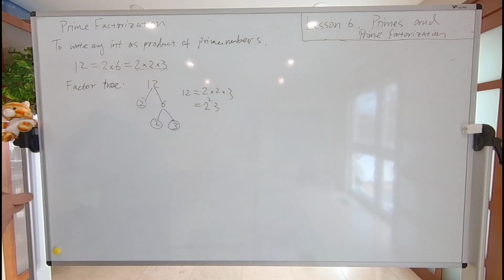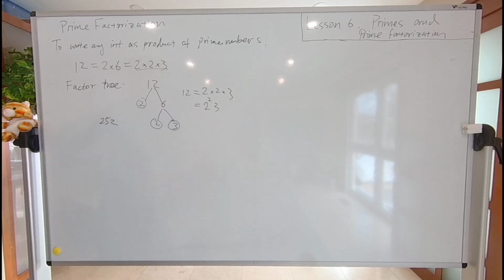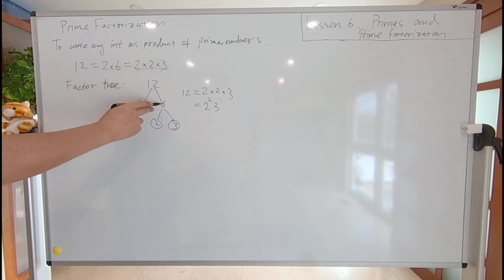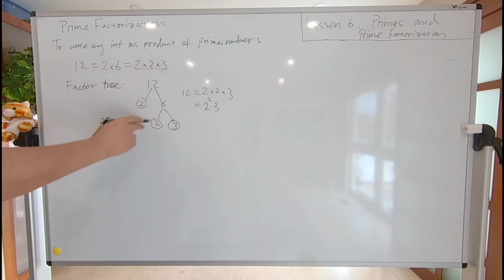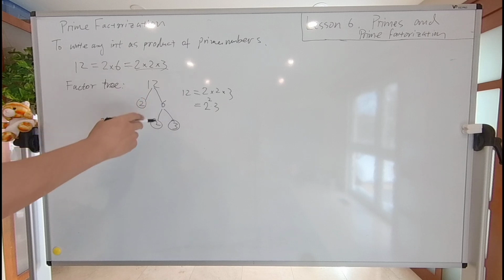Right, so let's see another, more complicated example. Let's take a 3-digit number, 252. We always start from the number 2, in other words, we check whether this is an even or odd number. If it is even, or if the breakdown is still an even number, we can keep trying until we reduce it to an odd number first.